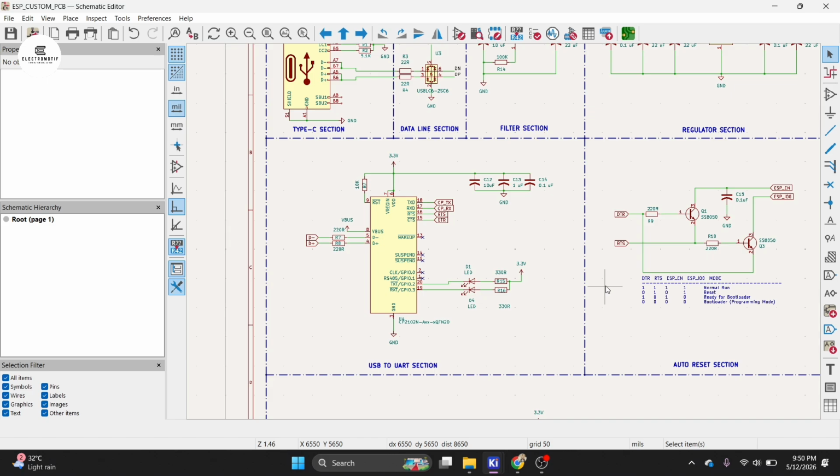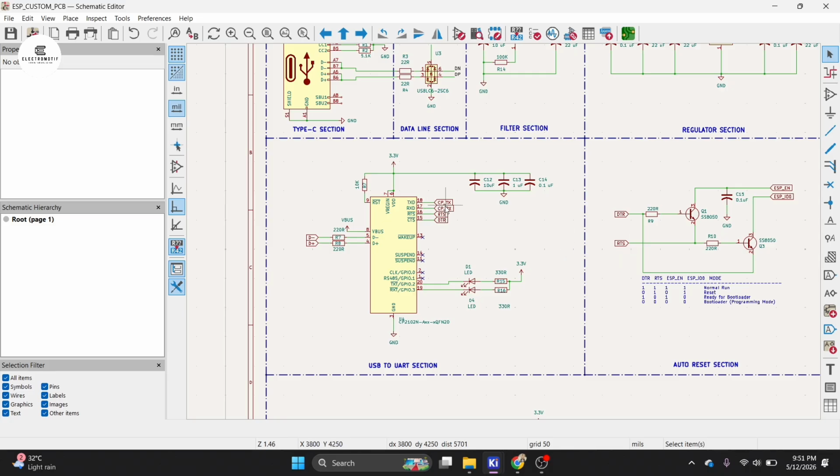So the ESP32 does not directly communicate with USB, and it uses UART communication for programming. So we need a USB to UART converter IC that converts the USB signal into serial TX and RX signals.